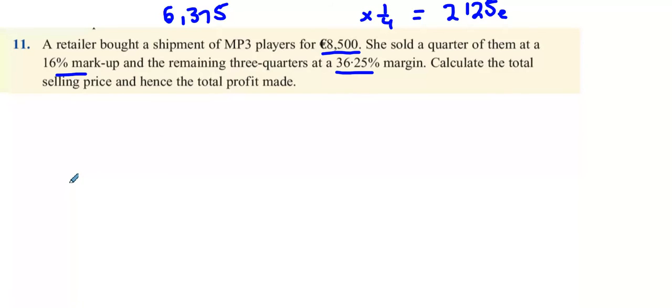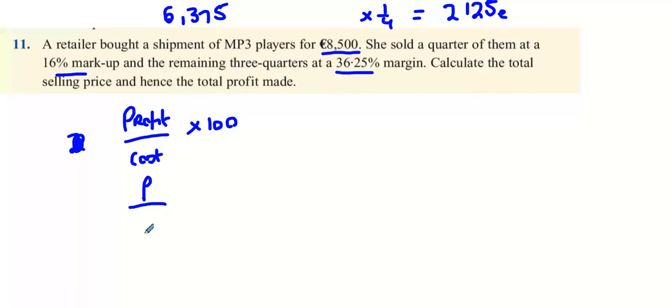So the first one, you have 8,500, so you have 2,125. Markup is profit divided by cost multiplied by 100. So profit is going to be P divided by cost, which is 2,125, multiplied by 100, and equals 16%.